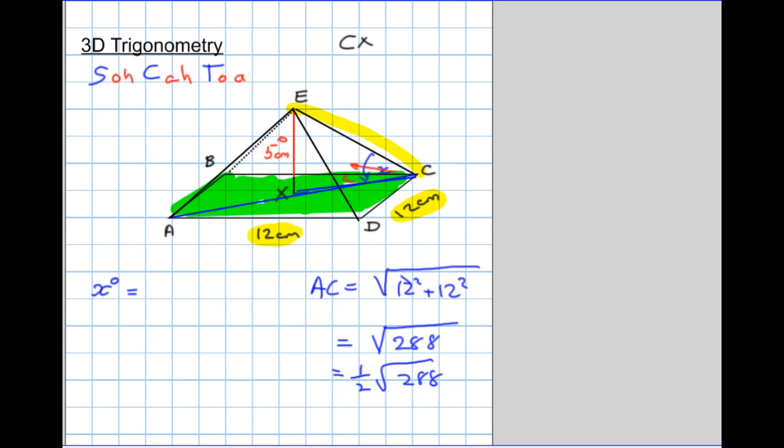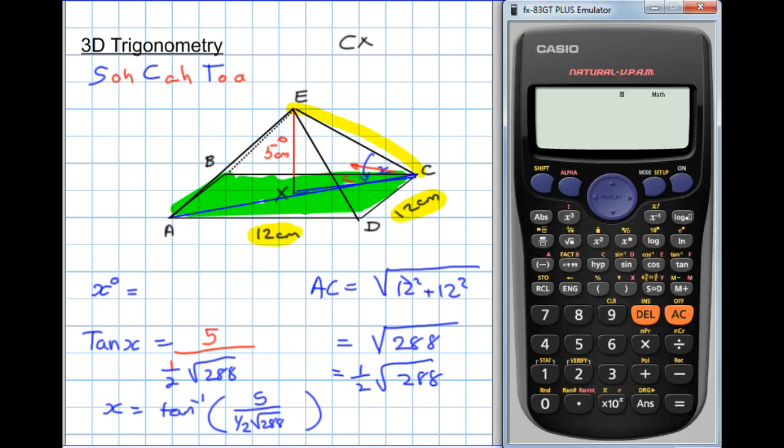So I'm going to be using the tan ratio. So the tan of x equals opposite, which is 5, over half of root 288. So x is equal to tan to the minus 1 of 5 over a half times root 288.